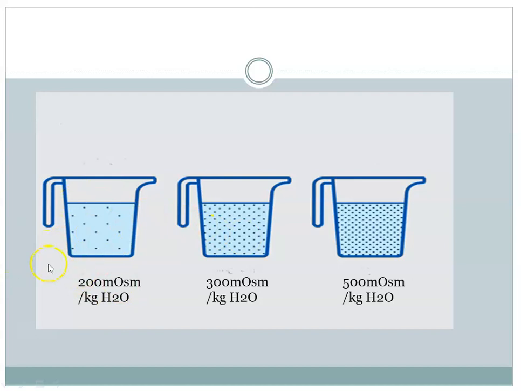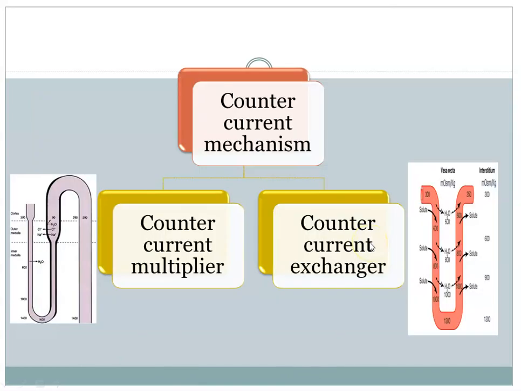See this, the electrolytes are decreased when compared with water. This is the 200 milliosmol. So, this is the hypoosmotic. Here, see this picture. The electrolyte concentration is high when compared with the concentration of water. So, this is the hyperosmotic. So, this is the hypoosmotic, this is the isoosmotic, and this is the hyperosmotic.